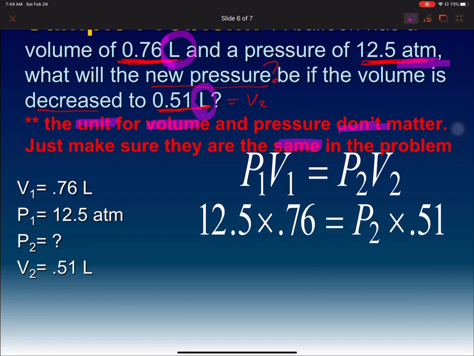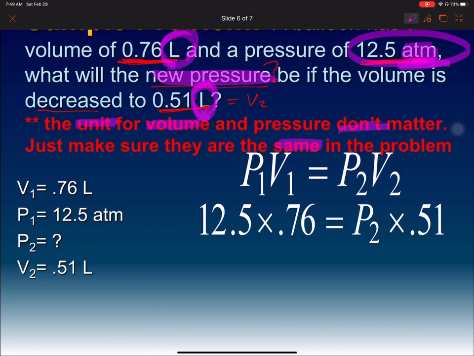So because we're liters and liters for volume, it's good. If it was milliliters and milliliters, or centimeters cubed and centimeters cubed, as long as they're the same units, it doesn't matter. And the same thing goes for pressure. So if I have a pressure in atm and I'm solving for the new pressure, that answer is going to be in the units of atm.